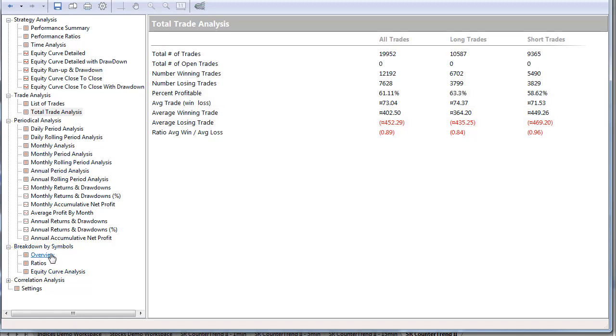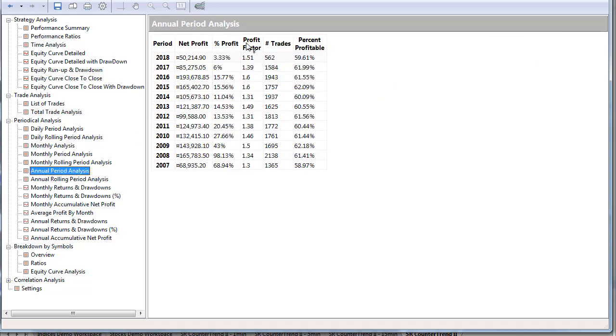And so here is the annual period analysis. It'd be 50,000 this year. It's about $100 average trade profit this year so far, 562 trades. 2017 was a less than average year with the low volatility, but we're about a third of the way through the year.